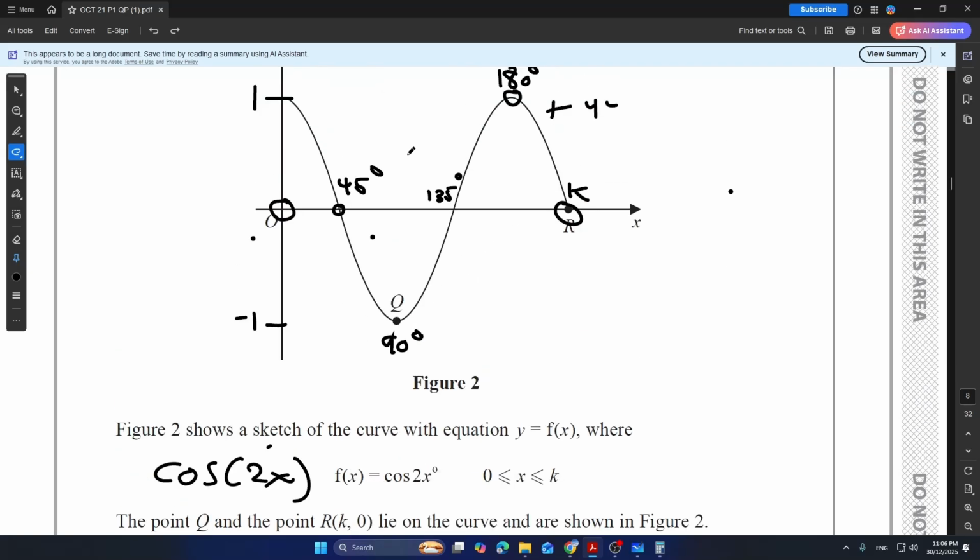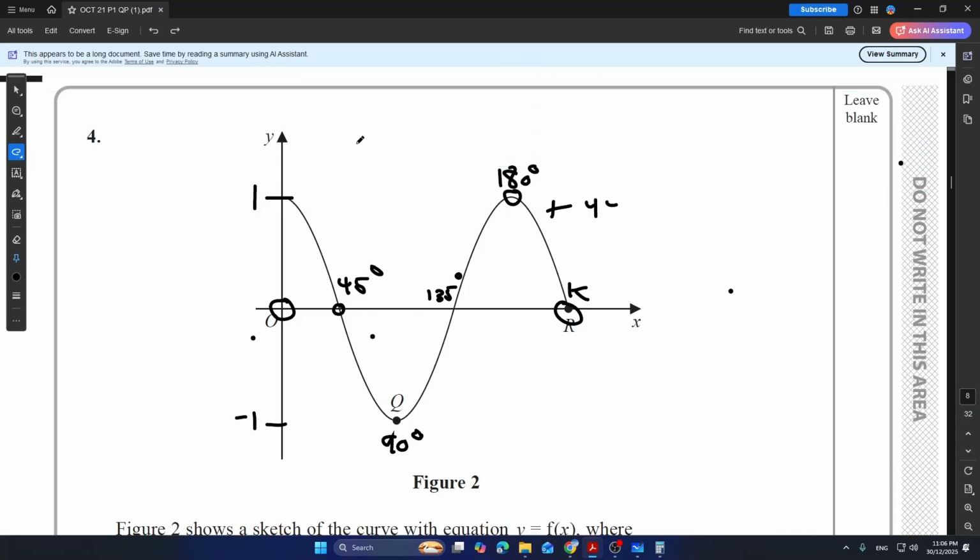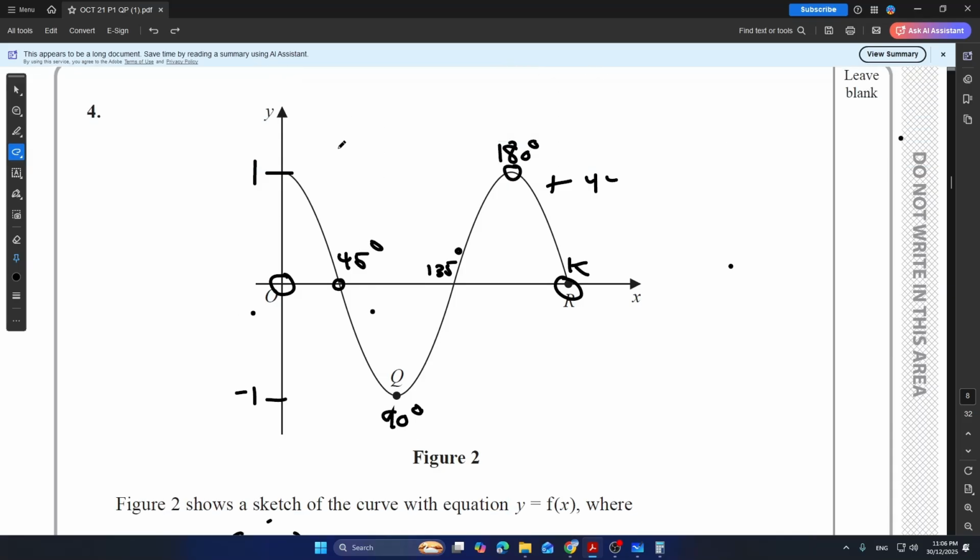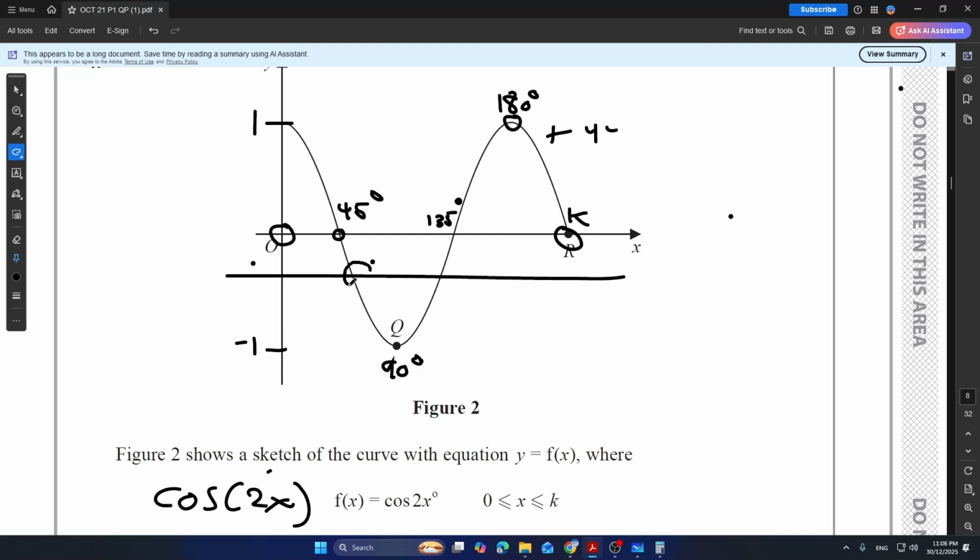Understand one thing. If we have two solutions, that means the line is going to cut the graph at 2 points, 1, 2. This means two solutions. Now, where do we have our two solutions?